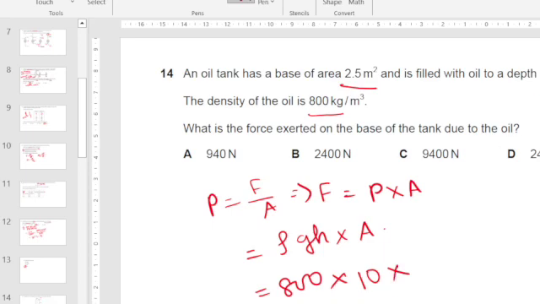And height is nothing but the depth, 1.2, and the area is also given, which is 2.5 meters square. So when I solve this, I'll end up with 24,000 Newton, option D. So for the 14th question, option D is the correct option.